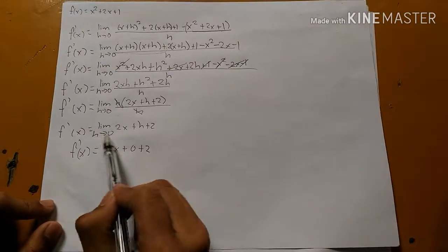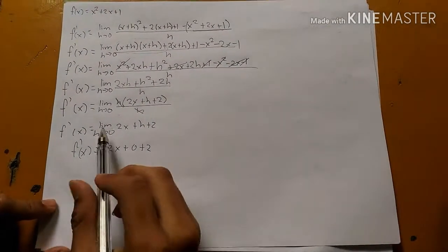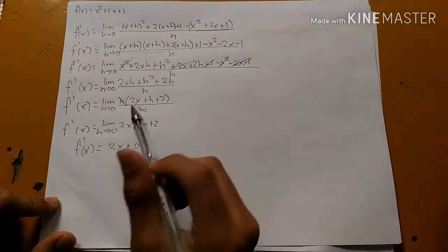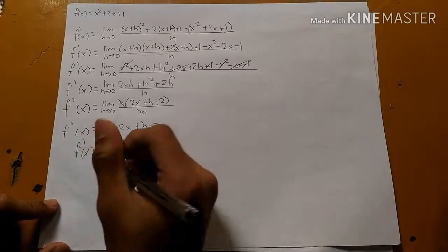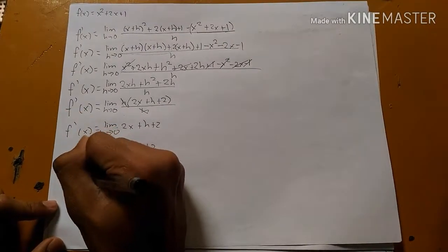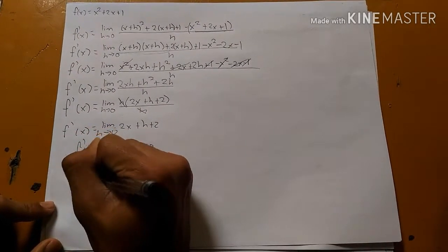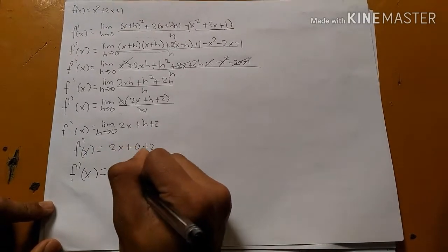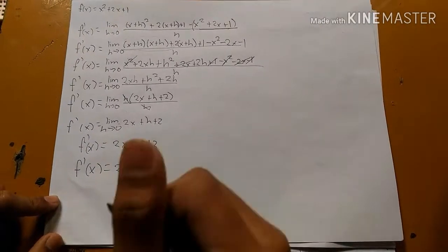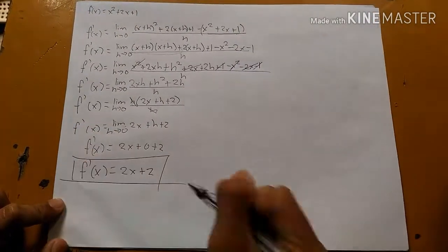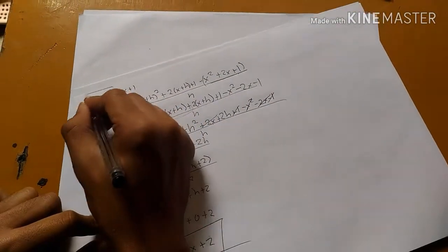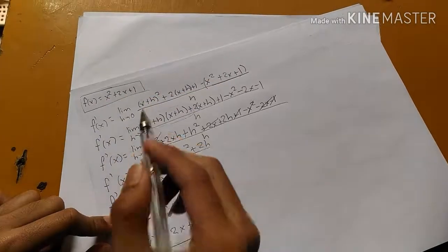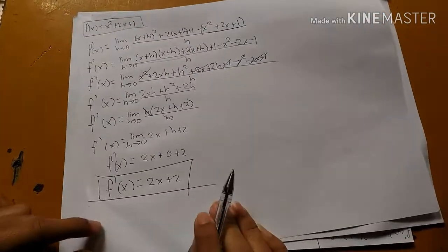You see that the limit is gone because we already substituted 0 for h. And the final answer is that f prime of x is equal to 2x plus 2. That's the derivative of our function f of x equal to x squared plus 2x plus 1.